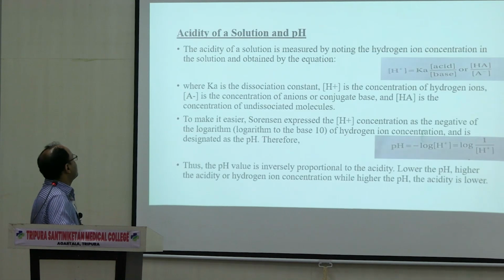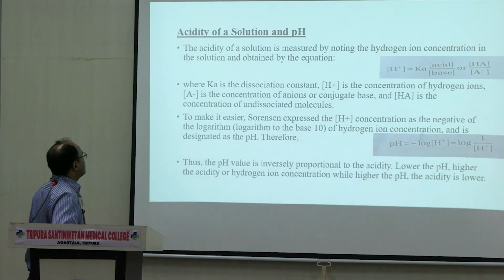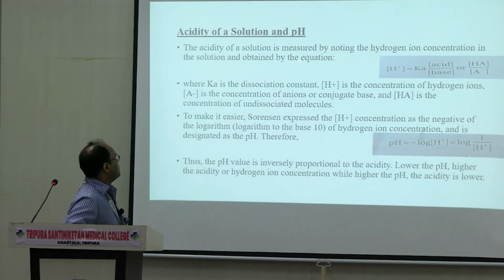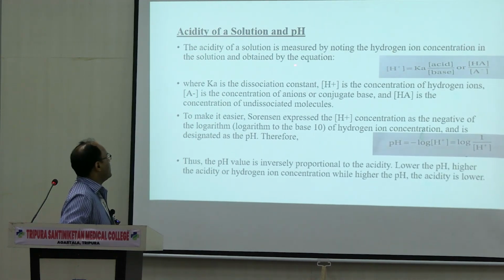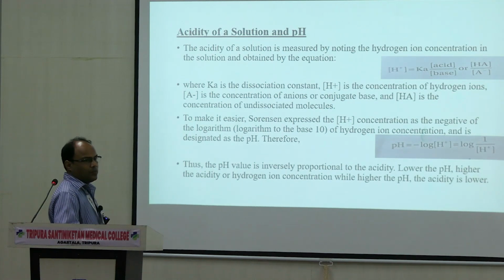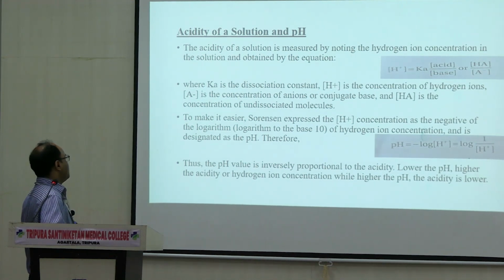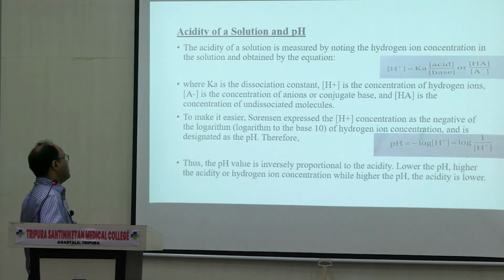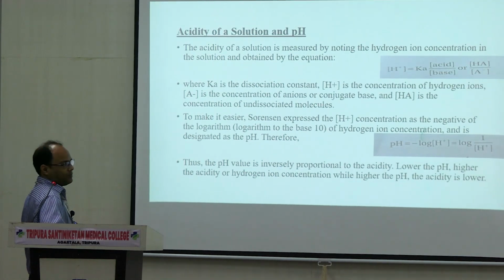Next, acidity of solution and pH. Acidity of a solution is measured by noting the hydrogen ion concentration in the solution, and obtained by the equation H equals K into HA divided by A. Where K is the dissociation constant, H is the concentration of hydrogen ion, A is the concentration of anion or conjugate base, HA is the concentration of undissociated molecule.